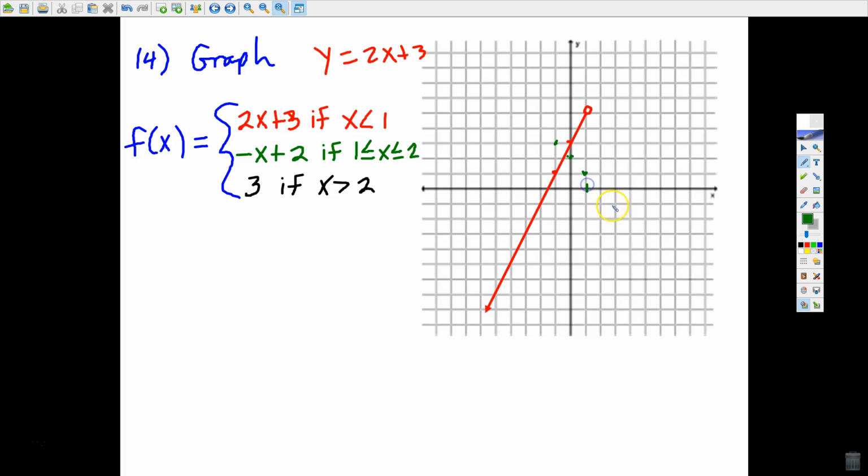So here's where x is 1. Here's where x is 2. That's a pretty short little segment. I'm only really showing that little piece right there between x is 1 and x is 2. So these other green dots that I made, just to help me get an idea of what the line looks like, I'll just erase those and make a little segment right there.